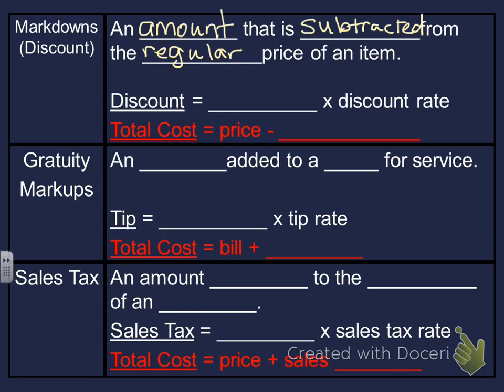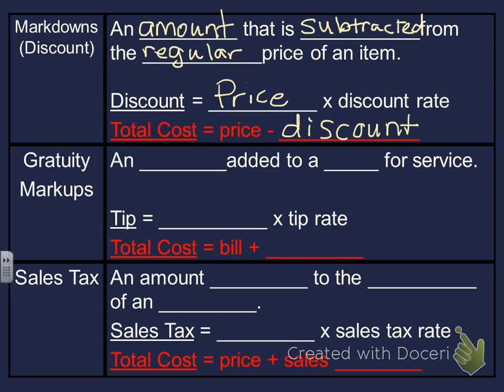And in order to get the discount, you take the price and you multiply it times the discount rate. But then to get the total cost, you take the price and subtract the discount. We'll look at an example in a moment.